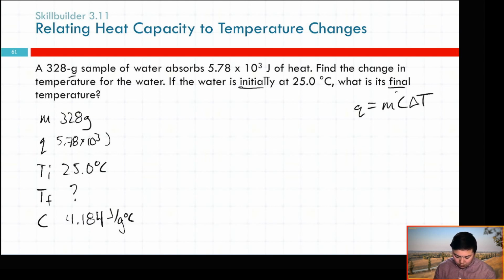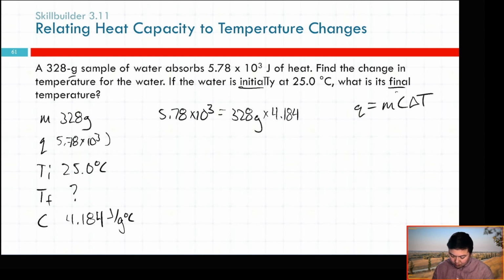So we'll do, again, 5.78 times 10 to the 3 is equal to 328 times 4.184. Oh, committed a cardinal sin. Left out units.